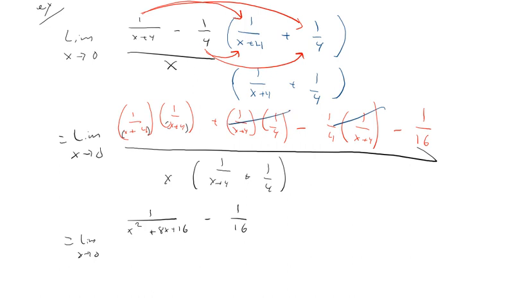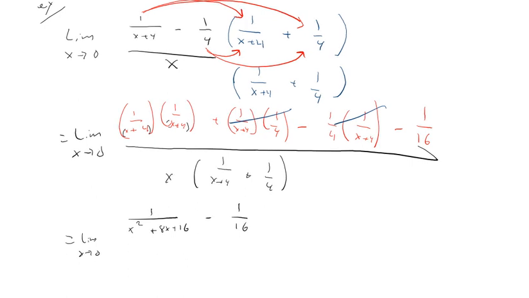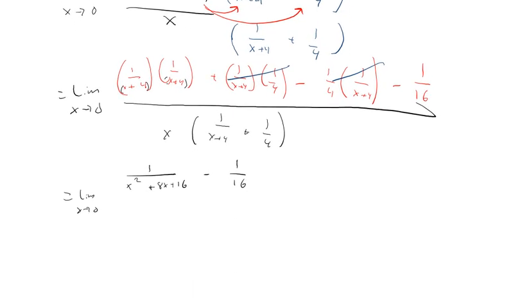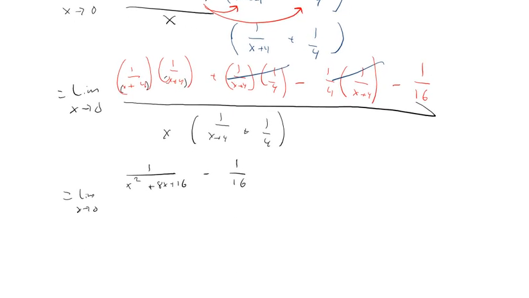So that's what I've got for the top. On the bottom, goodness, it's really messy, isn't it? Over x4. Let's see. Over x times 1 over x plus 4 plus 1 over 4.